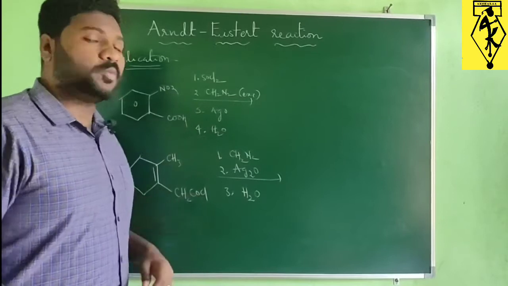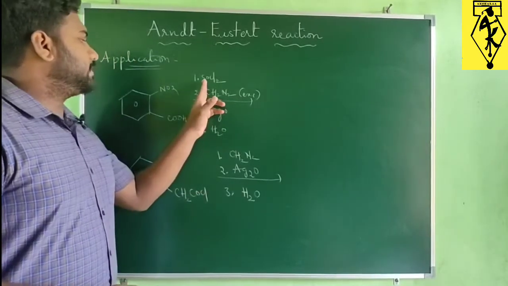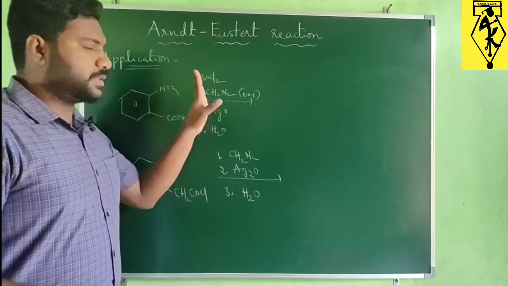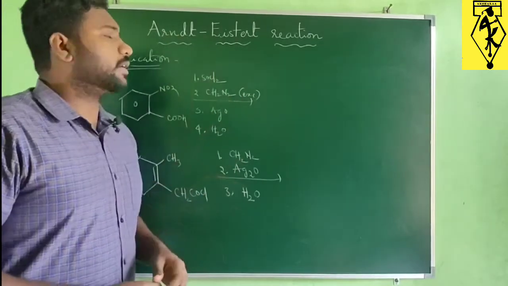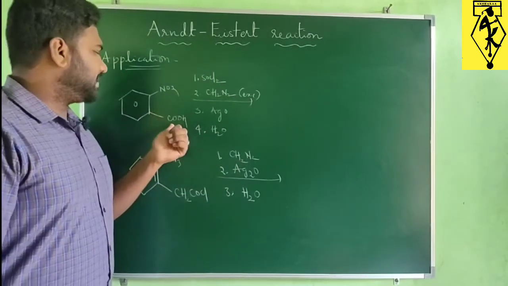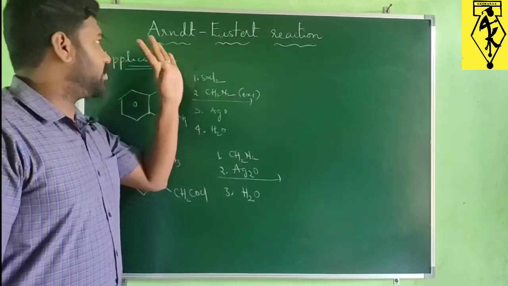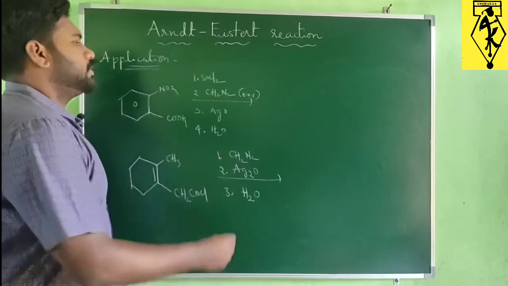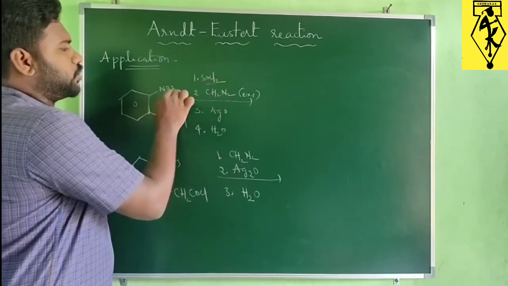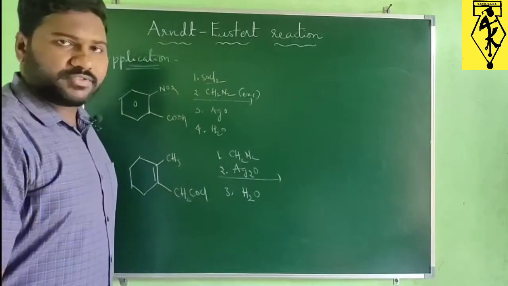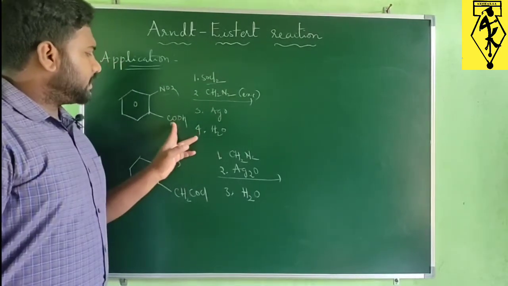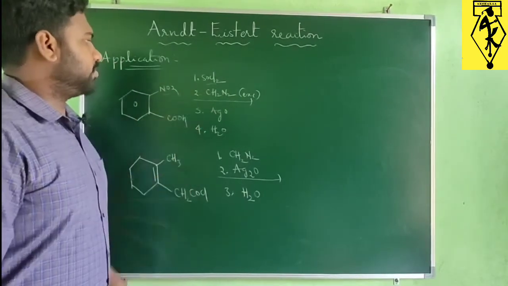We'll discuss two more reactions. See here, same reagents, all reagents. By observing all these reagents, it belongs to the Arndt-Eistert reaction, and even this carboxylic acid confirms this is an Arndt-Eistert reaction. Now, what will happen? This NO2 group will not be influenced by any of these reagents. So only the COOH group will react with these reagents.